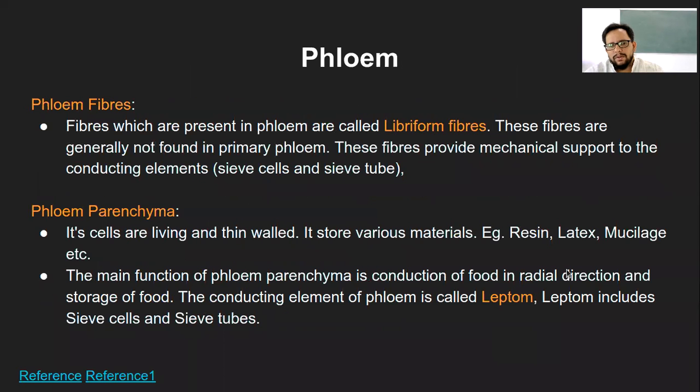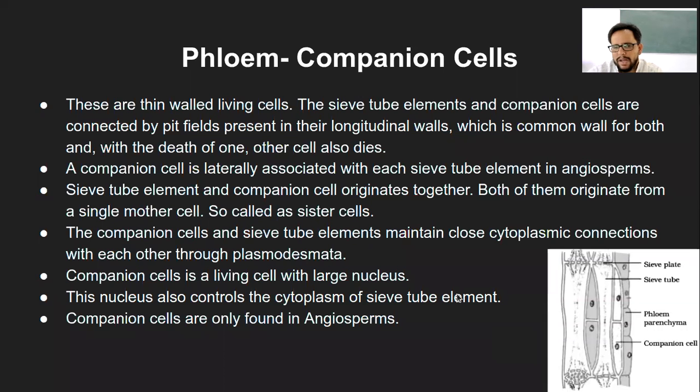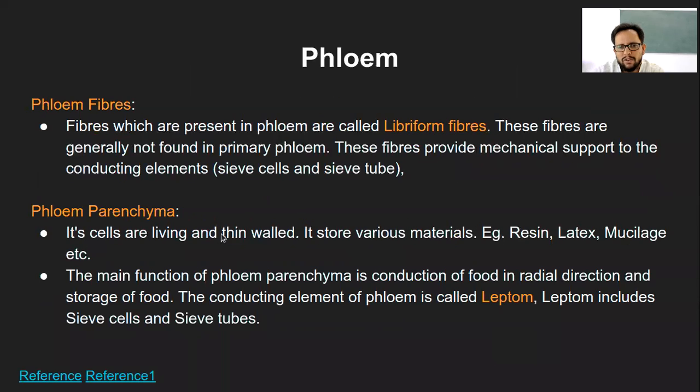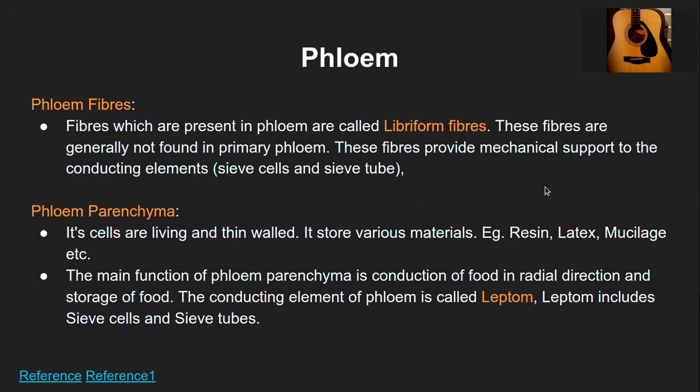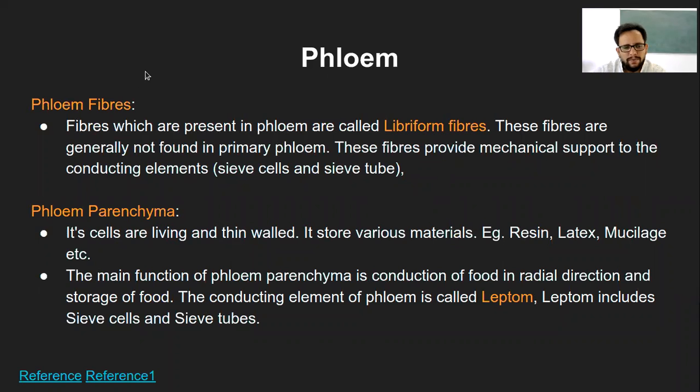Okay, then I will quickly finish this part and we will stop after completing the phloem. The first component that we saw was sieve tubes. The second component was companion cell. The third component of the phloem is known as phloem fibers, similar to xylem fibers.